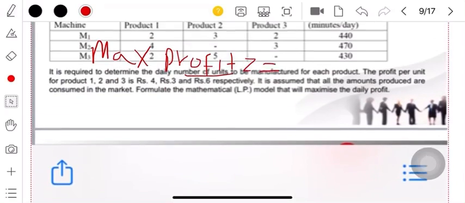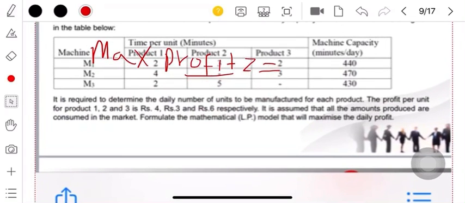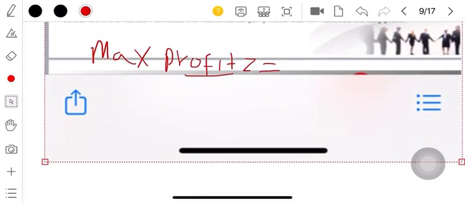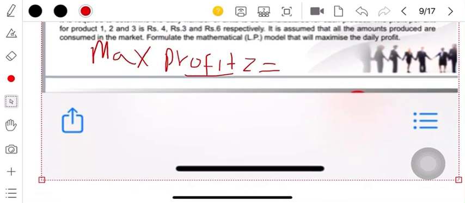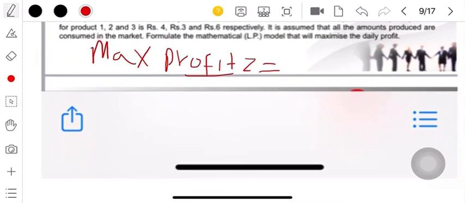It is taking rupees 4, 3 and 6 for 1 unit production, right? For product 1 the profit is rupees 4. So what will be profit from product 1? We are producing x1 units, 4x1. From product 2 it will be 3x2. For product 3 it will be 6x3. So in this manner we can write maximize profit Z equals to 4x1 plus 3x2 plus 6x3.